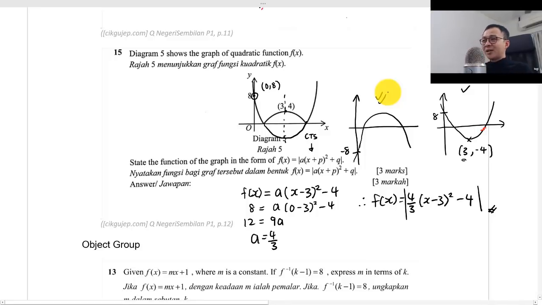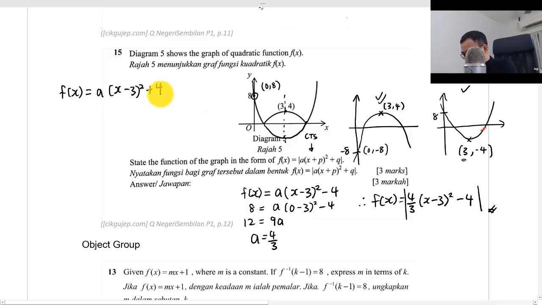Alright, so let's try the first diagram over here. In the first diagram, we know the maximum point will be (3, 4) because it's given. But what you need to know is you can no longer use the (0, 8) over here, because the original diagram should be (0, -8). So this is what happens if I use the first diagram. I will do something like f(x) equals A(x minus 3) squared plus 4.